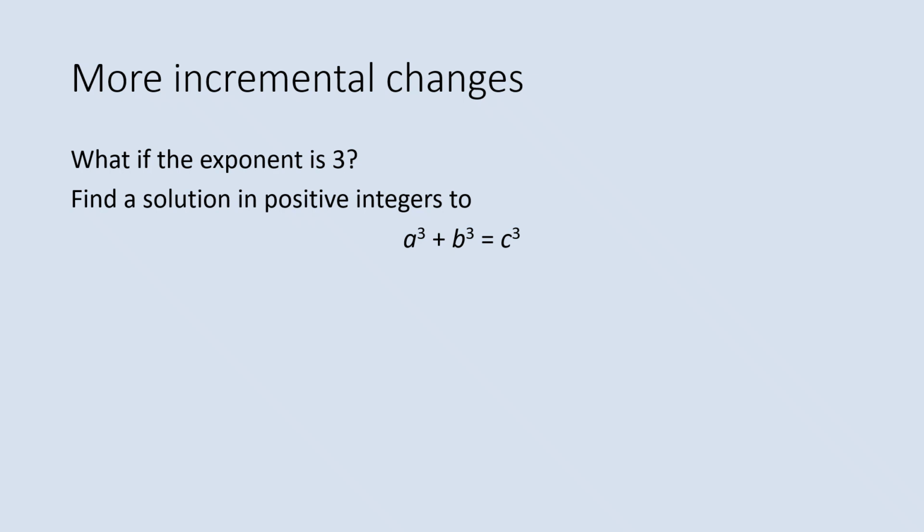So now we're trying to find a solution in positive integers to the equation a cubed plus b cubed equals c cubed. At this point we don't know a formula or a procedure to calculate these, so we could use our brute force code to look for solutions to this equation.